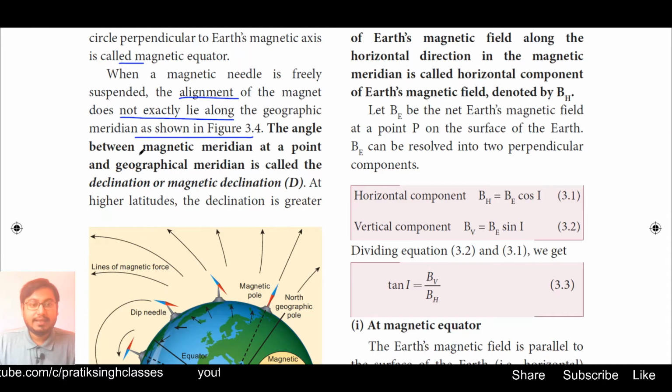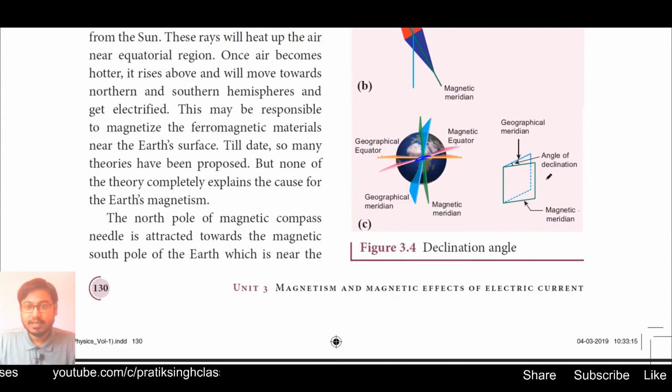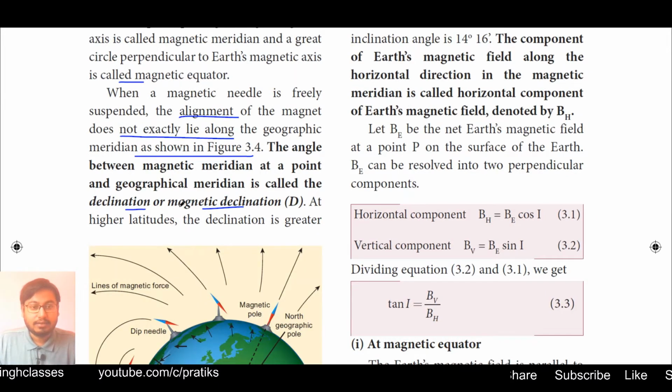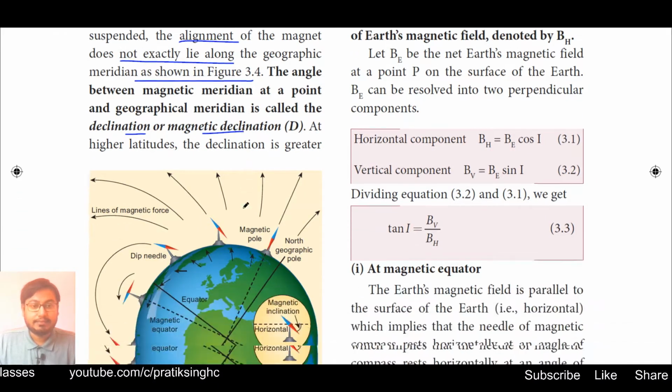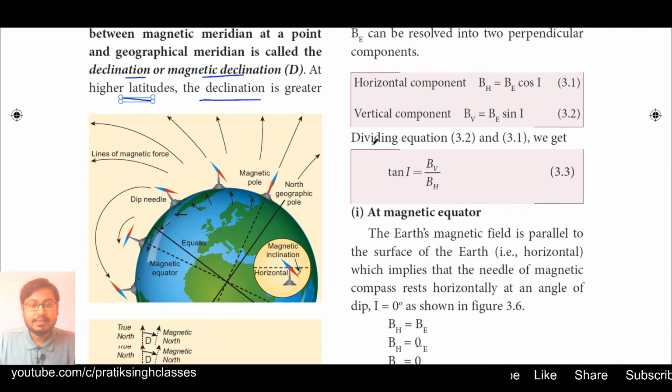The angle between the magnetic meridian at a point and the geographical meridian is called the declination or magnetic declination. This angle is called the angle of declination, or the other name of it is magnetic declination.